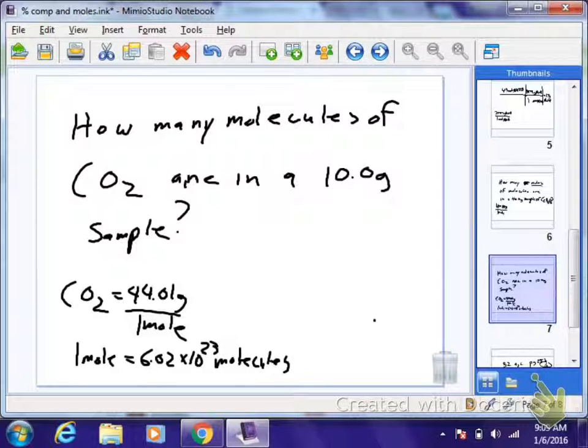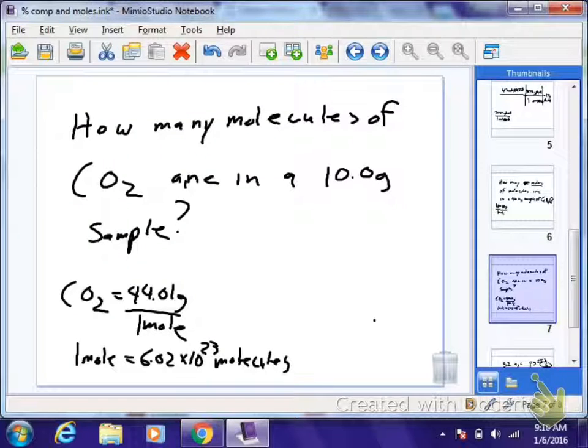So down below you have the conversions. We did this one in class. CO2, we took 1 carbon, 2 oxygens, and we found out that it totaled up to 44.01 grams per 1 mole. And everybody knows that 1 mole is equal to that number of particles. In this case, molecules.